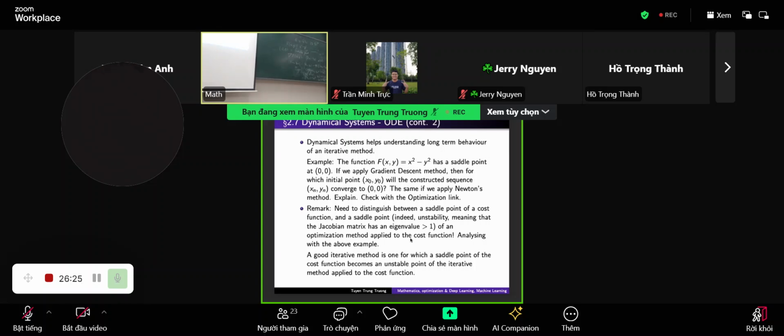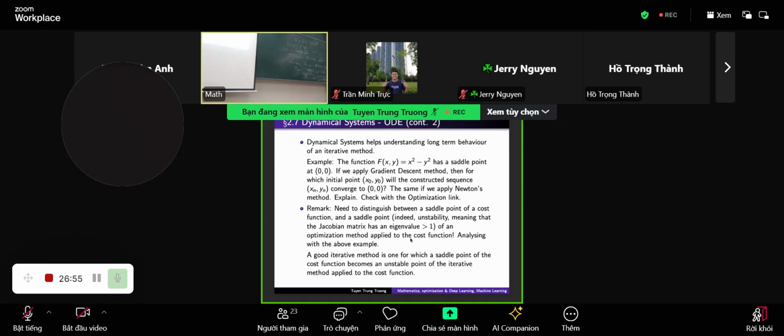For example, the saddle point of f(x,y) = x squared minus y squared is actually an attractive point if you apply the Newton method, because we saw that it converges to this value. That depends on what method you apply. Even if you have a saddle point for your function, if you apply the method, it might go to that point or it might go away from there. So you should be careful about this.